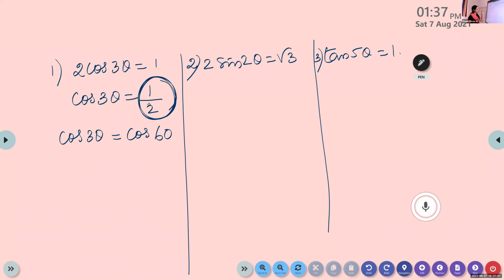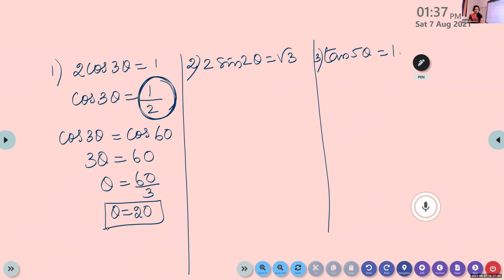Go through the table and check for which value of cos you will get 1 by 2. It is cos 60. Now compare these two: 3 theta will be equal to 60. Therefore theta is 60 by 3, so theta is 20.